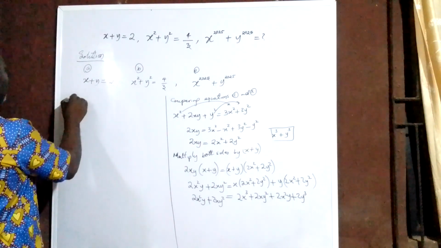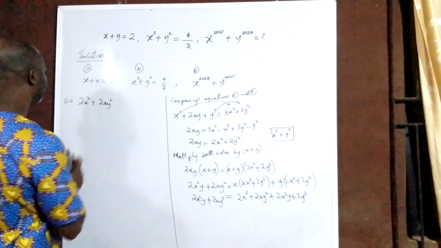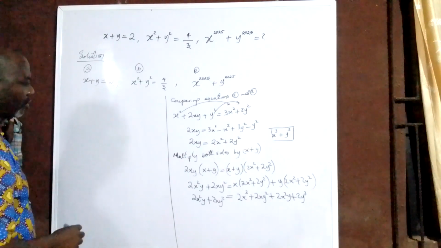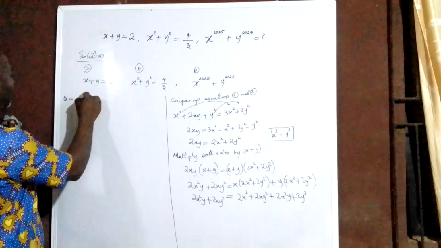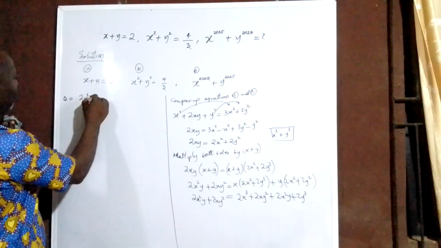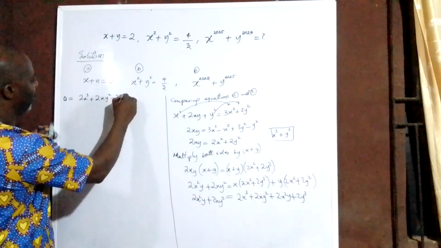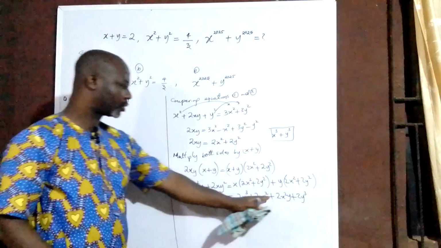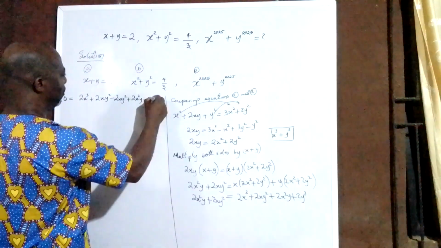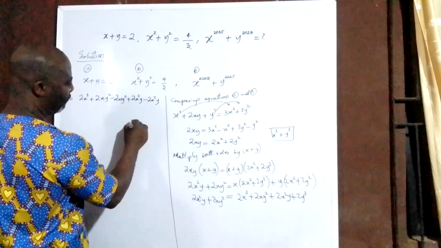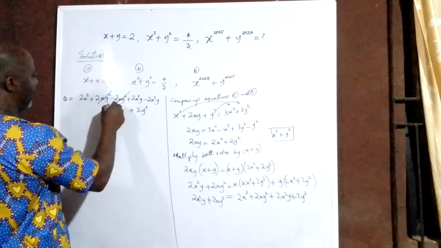So 0 equal to 2x cubed plus 2xy squared minus 2xy squared minus 2x squared y plus 2x squared y plus 2y cubed. The 2xy squared terms cancel out, and the 2x squared y terms cancel out.